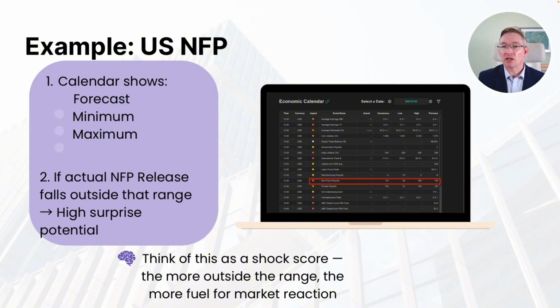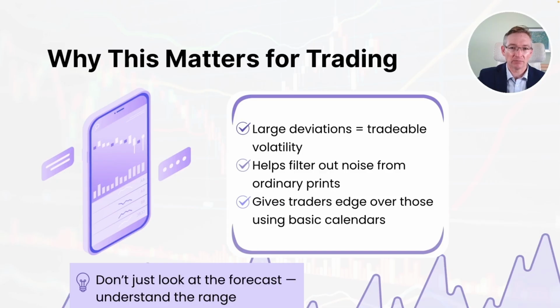And then all of a sudden the number comes in below the market's minimum expectations. If it comes in at 20,000 jobs, look, it's the surprise that I'm expecting to move markets. See it almost like a shock score. The more outside the range, the more fuel there is for market reaction, because the greater the shock factor.